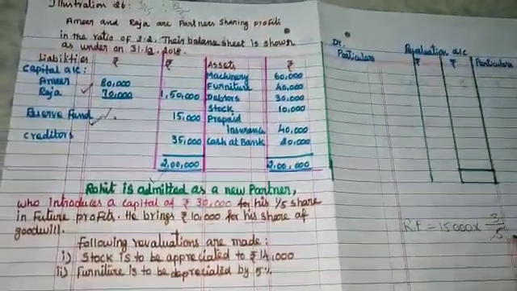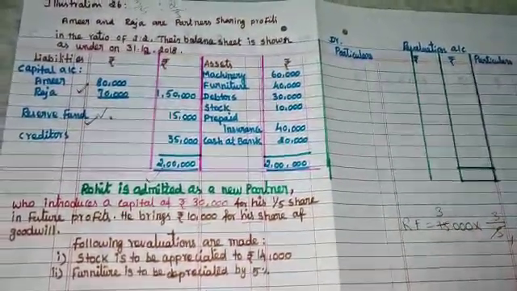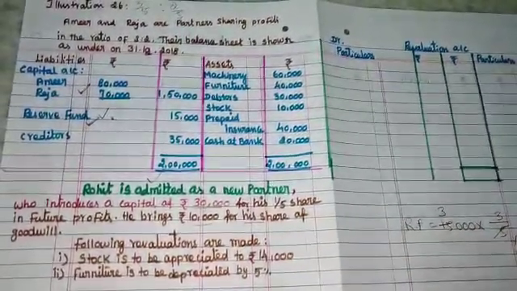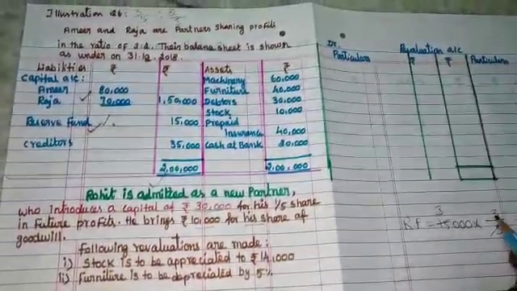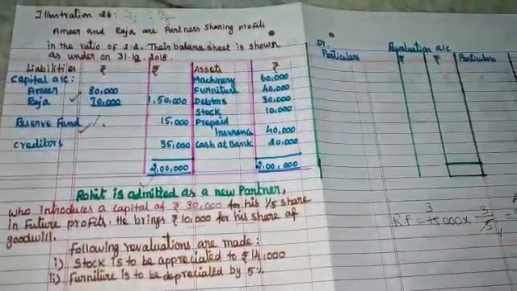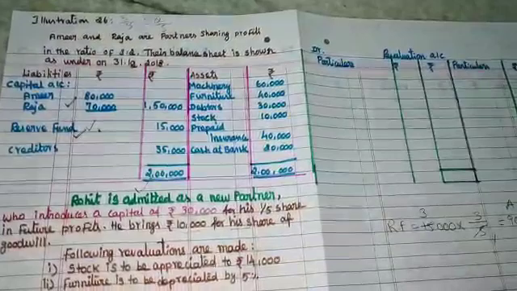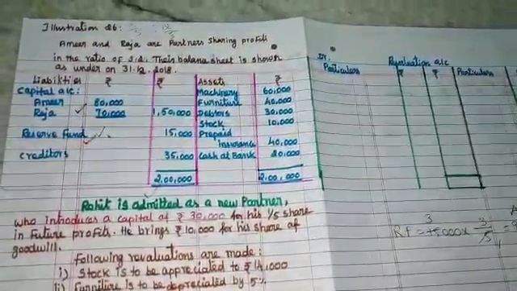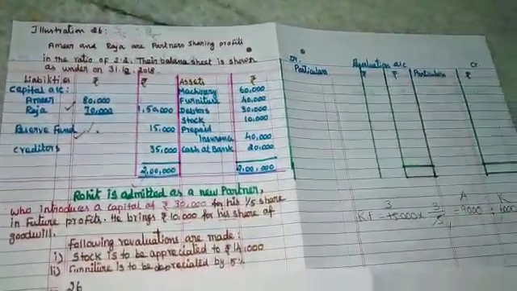So 1/5 is 3,000, 3/5 is 9,000. So 9,000 for Amir, and 2 into 3,000 is 6,000 for Raja. So the reserve fund is distributed among the partners.